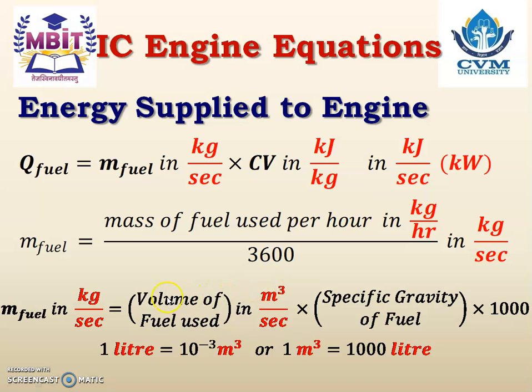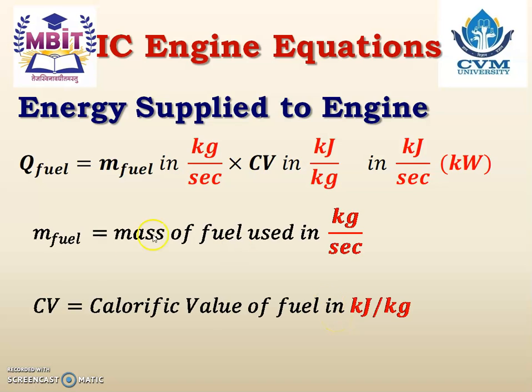If the volume of fuel used is given in liter, then we can convert the liter into meter cube using the equation 1 liter is equal to 10 raised to minus 3 meter cube, or 1 meter cube is equal to 1000 liter. CV is calorific value of fuel in kilojoule per kg.